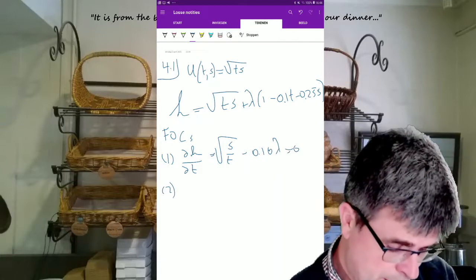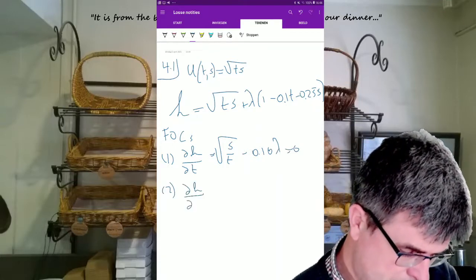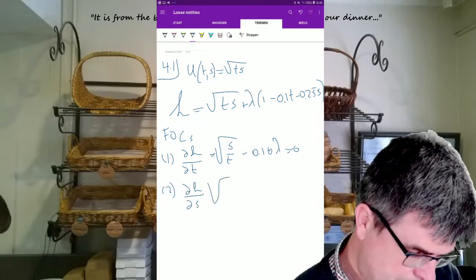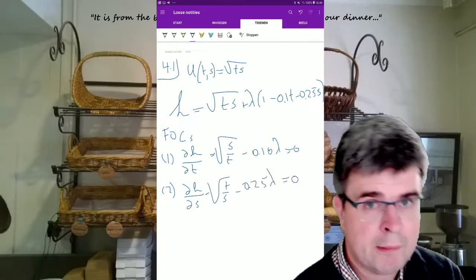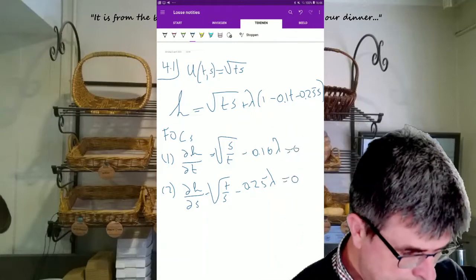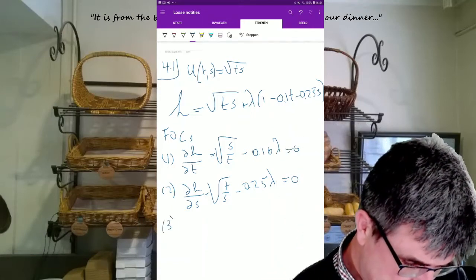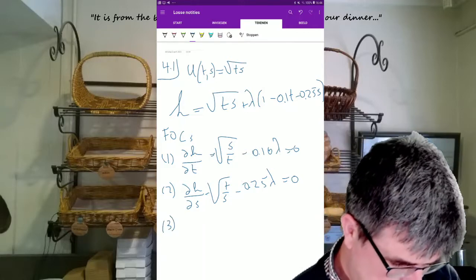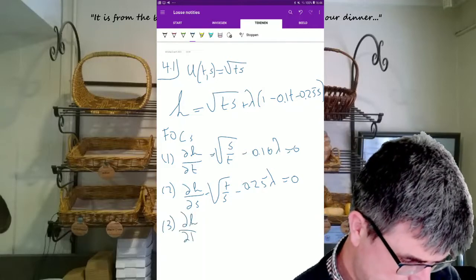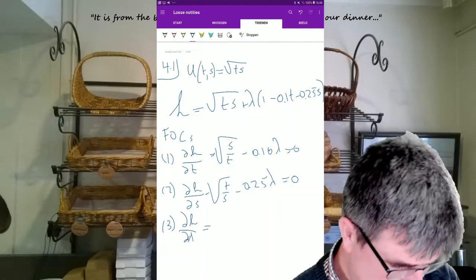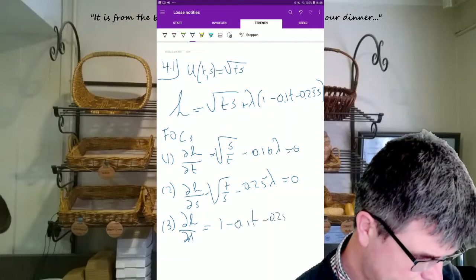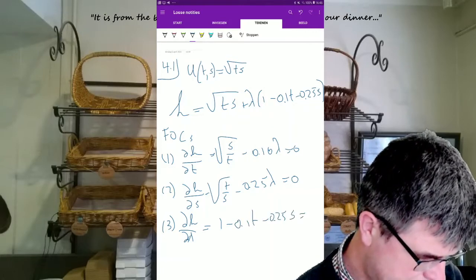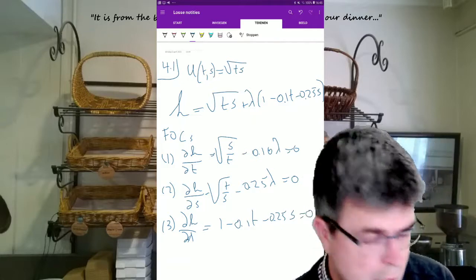The second condition is the partial with respect to s is square root t over s minus 0.25 lambda should in equilibrium also be identical to 0. And the third condition just returns the budget constraint. We take the partial of the Lagrangian with respect to lambda, and we arrive at 1 minus 0.1 t minus 0.25 s should in equilibrium be equal to 0.